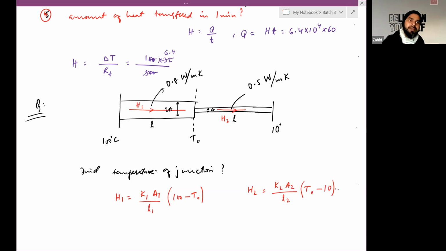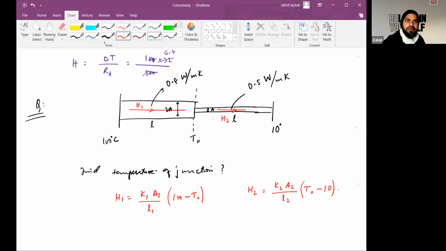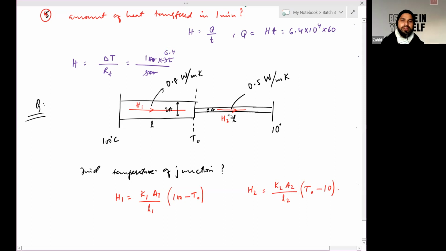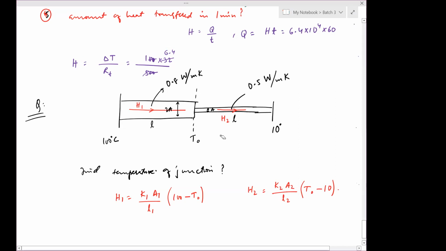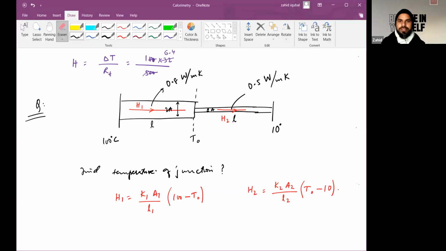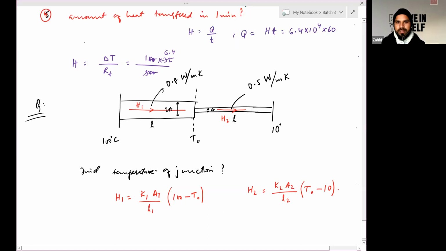Atif, just tell me about this particular combination. Is it a series combination or a parallel combination? These two rods? Is it series? Good. So in class 10th, we learned that in a series combination, the current will be the same. So we can say H1 must equal H2.